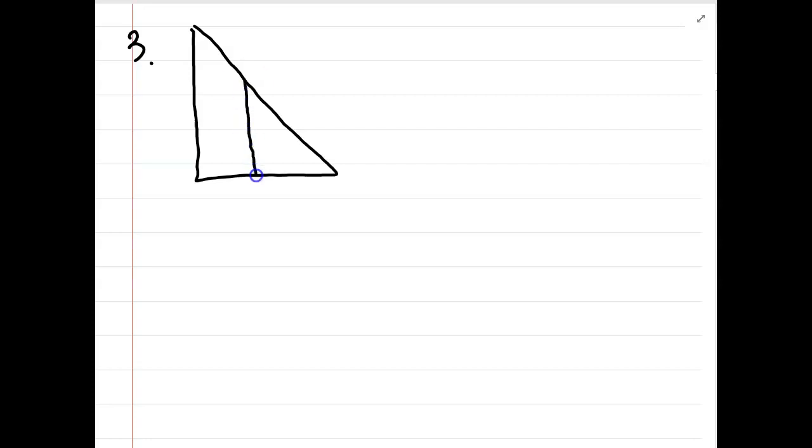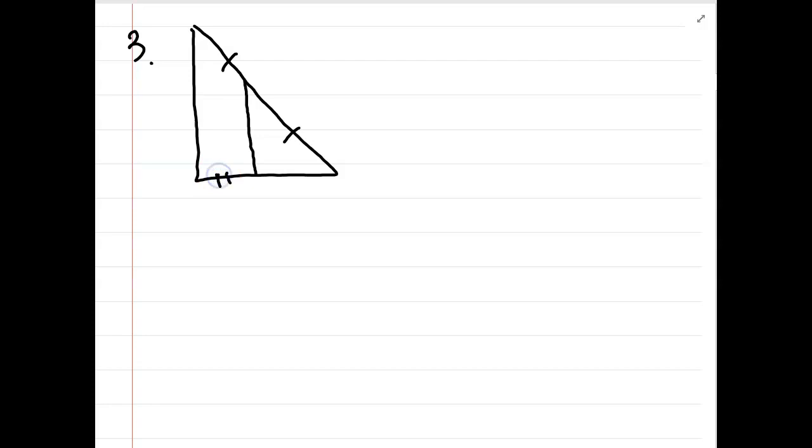Okay, number 3. All right, so let's draw another little triangle here. So this is going to be a tall triangle like this. Going to have a line down this way. And we will have these 2 sides, those 2 segments are congruent.